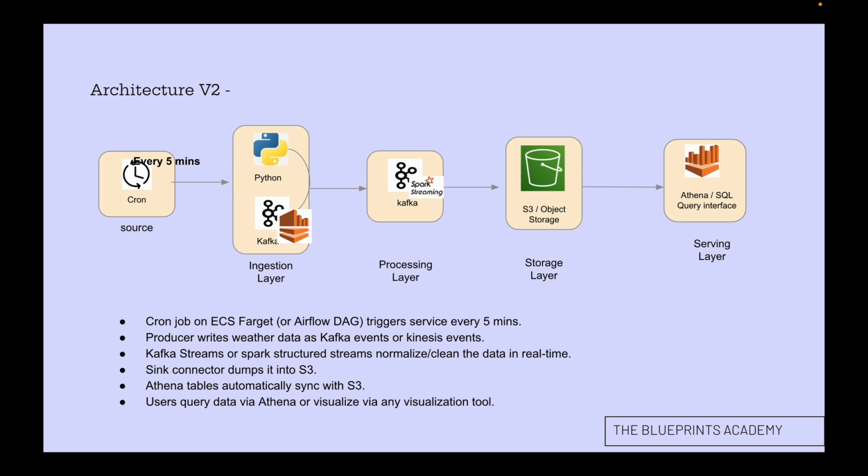Just in case you want to do some transformations on top of these events, you need some kind of streaming framework to do those transformations, right? And then you push to S3 and then Athena. This is a bit more complex compared with the previous one, but it comes with its own pros.